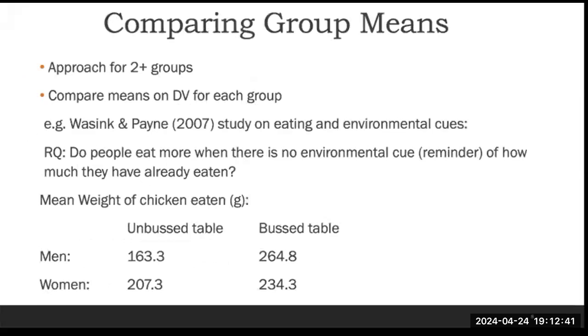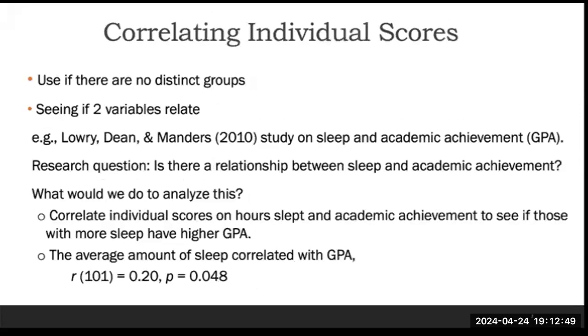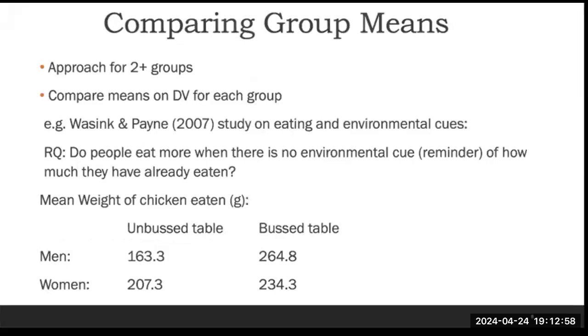So now for comparing group means. We looked at frequencies, and that's when we have nominal scale variables. We look at these correlations of individual scores when we're not really looking at distinct groups. We want to see what's happening in one group, but between two variables of that one group. Then we use comparison of group means if we have two or more groups.